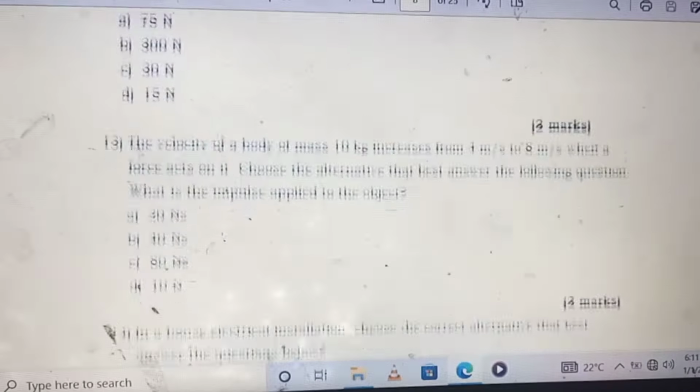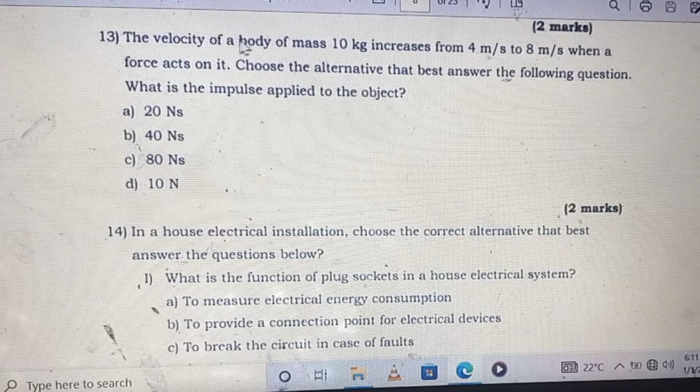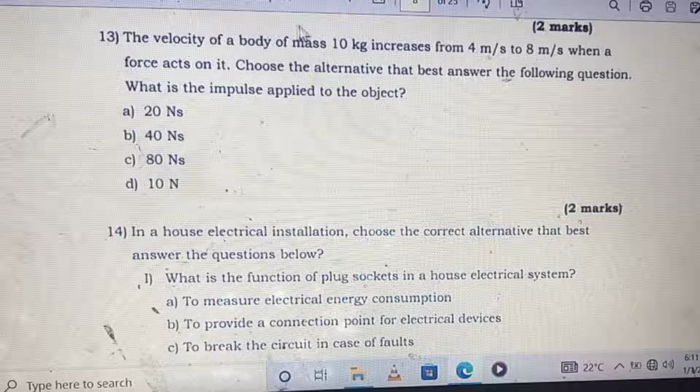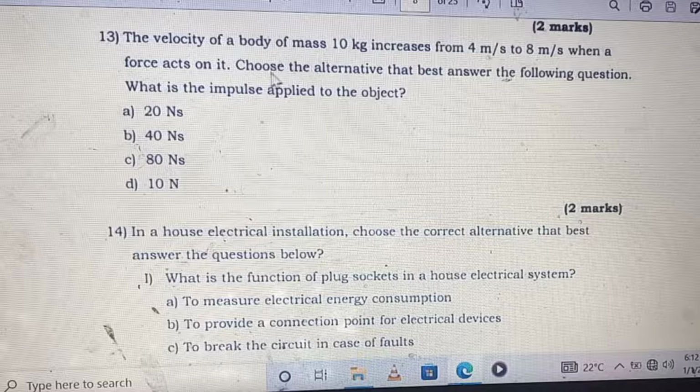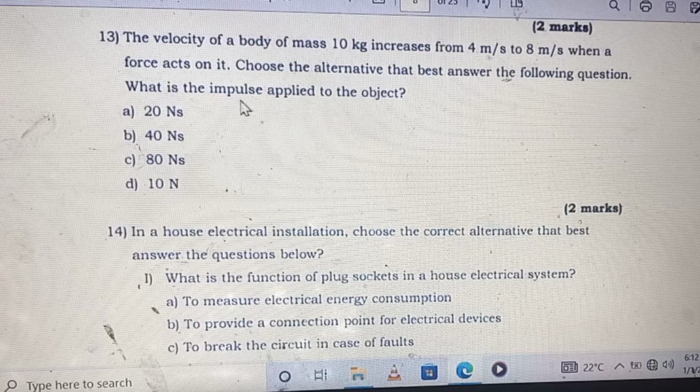Question 13. The velocity of a body of mass 10 kg increases from 4 meters per second to 8 meters per second when a force acts on it. Choose the alternative that best answers the following question. What is the impulse applied to the object?